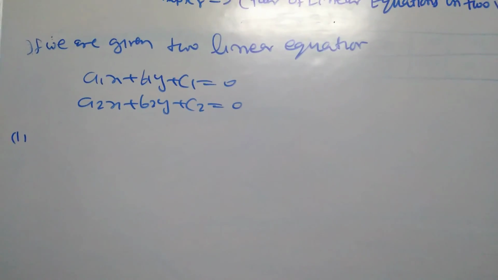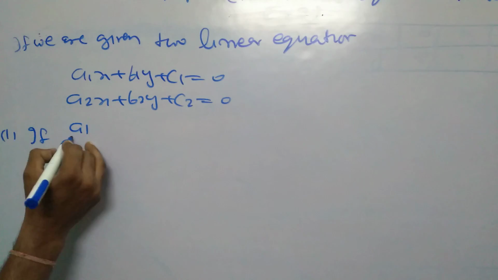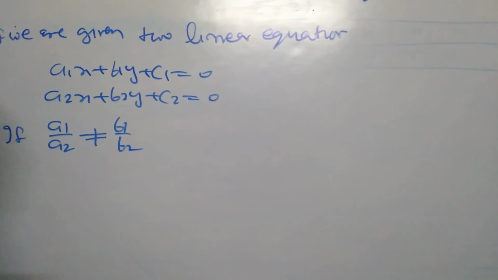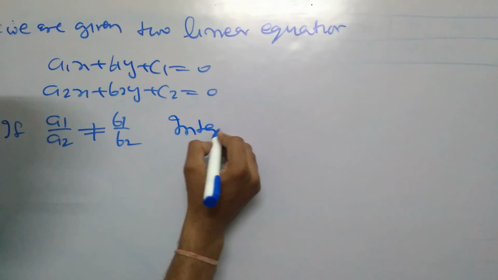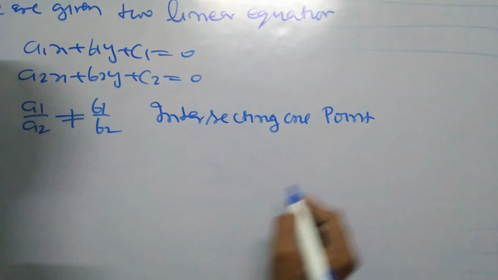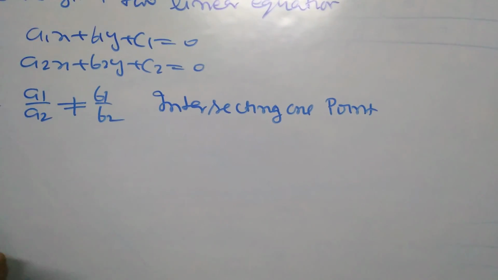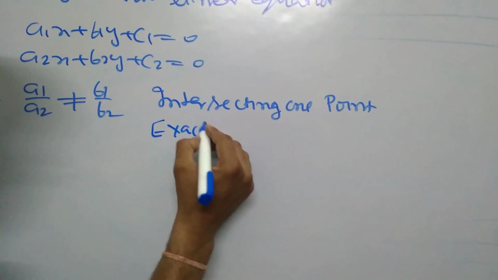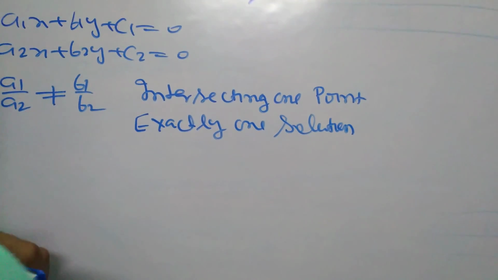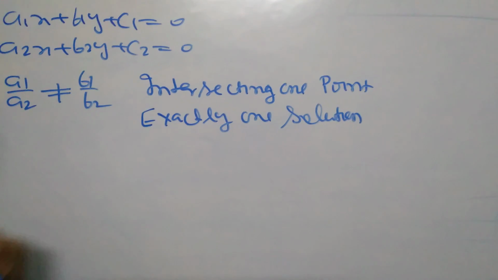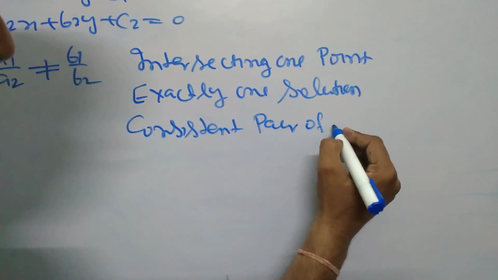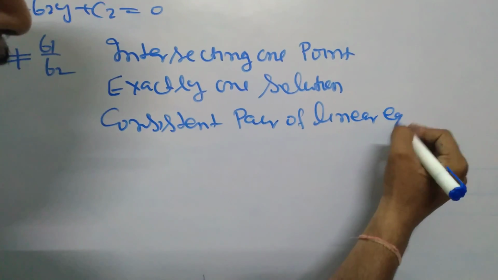Then first condition, if a1 upon a2 not equal to b1 upon b2, the lines are intersecting at one point, exactly one solution. Consistent pair of linear equations.